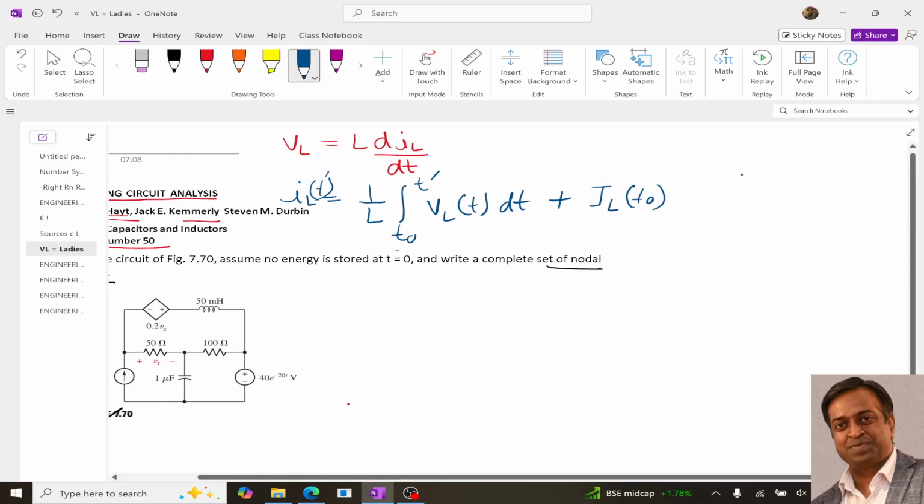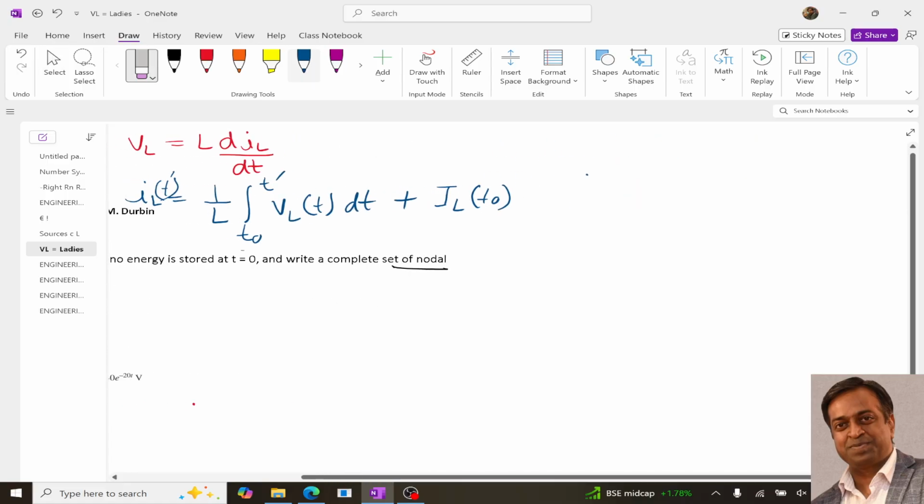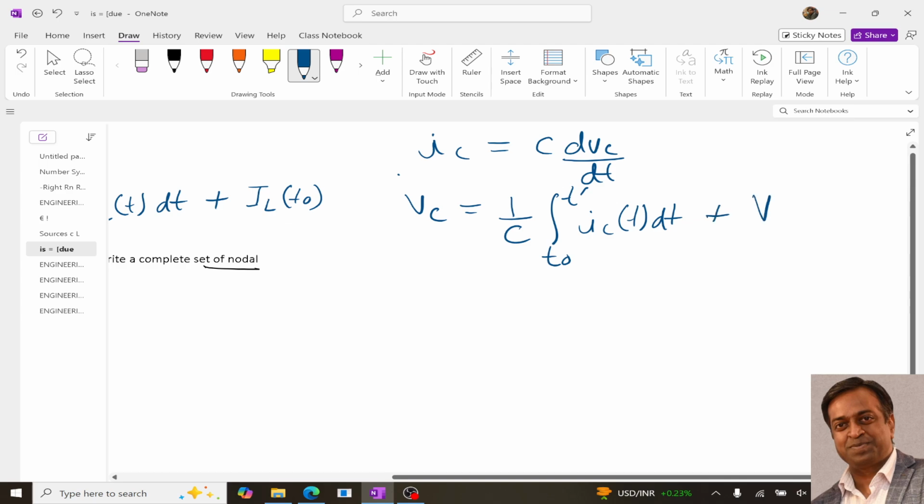Now similarly for the capacitor, the current flowing through the capacitor is given as C dV by dt, whereas the expression for the voltage is again the integration of this: 1 by C times the integration from t0 to t dash of IC(t) dt, plus VC(t0).